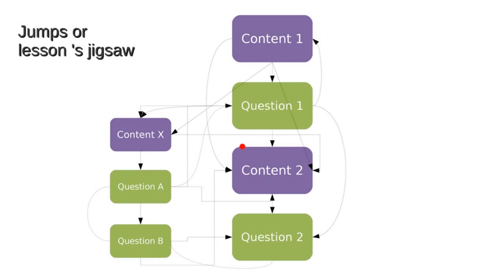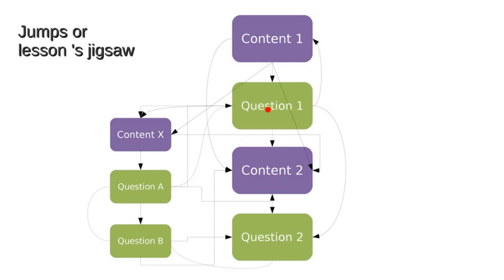Or someone can start from content 1, skip the question and go directly to the next content. Or those who believe that they already know the stuff can jump directly to the question, and from question 1 directly to question 2. Or someone may start from the beginning, take the first question, make a wrong answer, and go back to reread the material and retake the question.